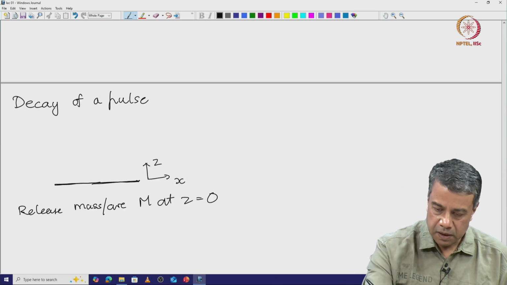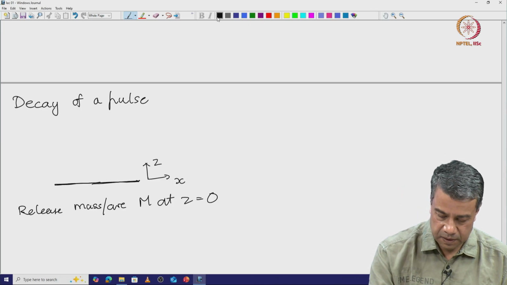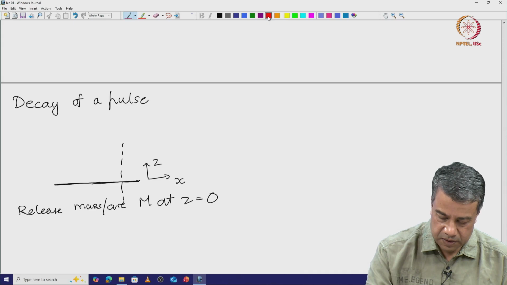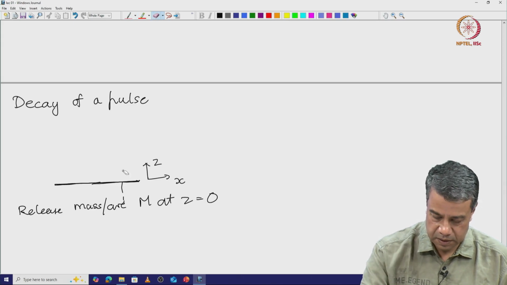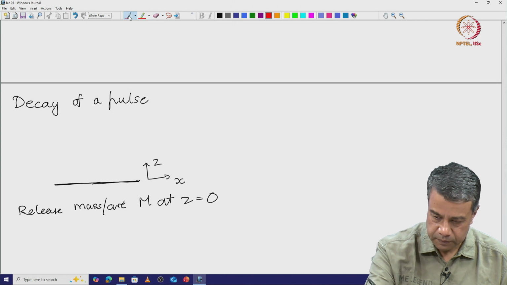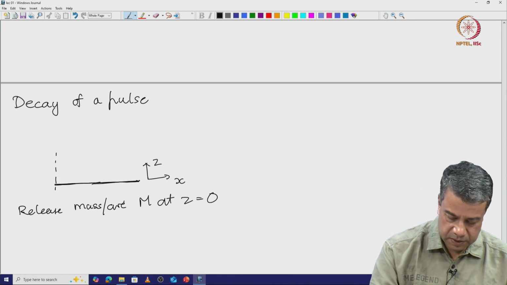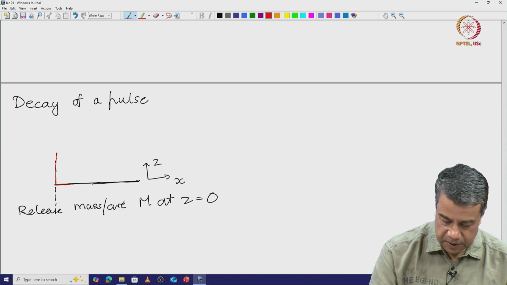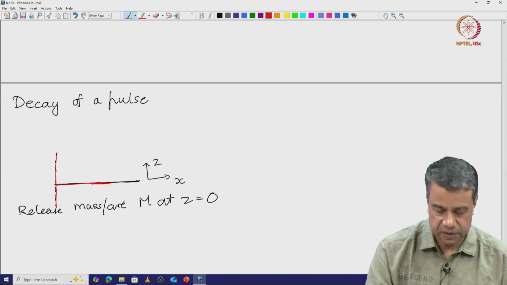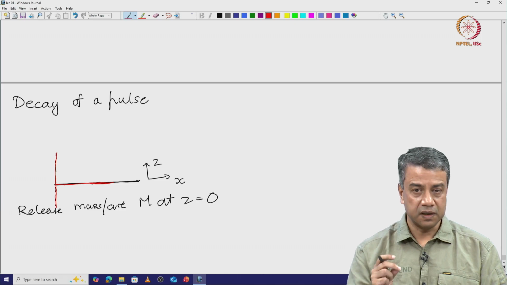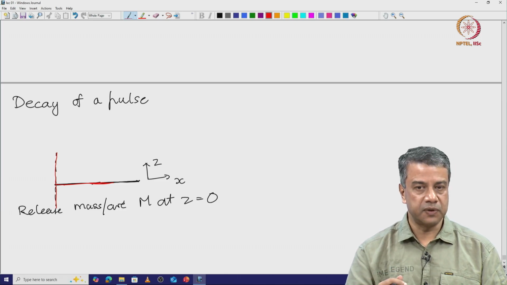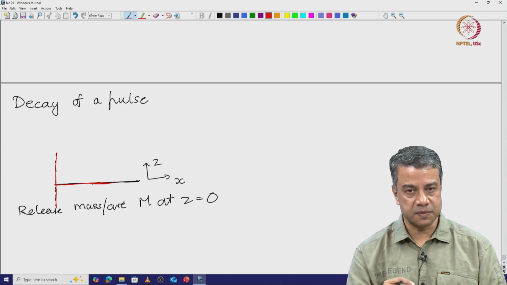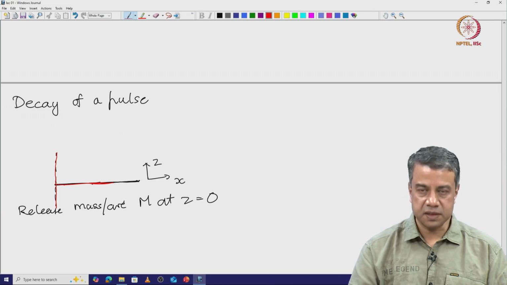If I plot the concentration field, initially there will be 0 concentration everywhere, except at this point where the concentration diverges, because you are releasing mass per unit area within an infinitesimal interval in the spatial coordinate. As time progresses, this will spread.